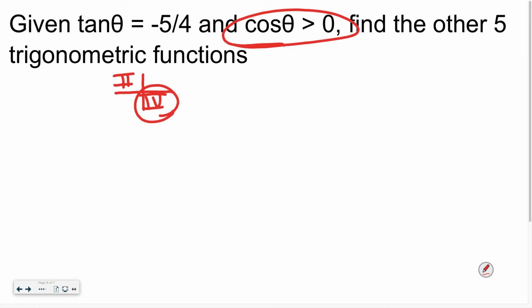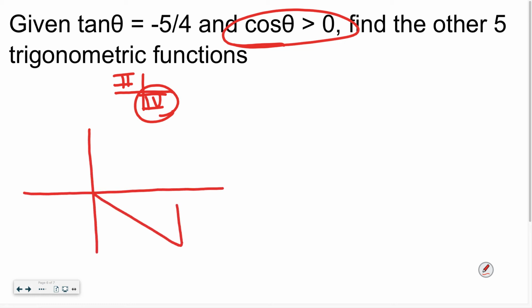So when we go to draw our reference triangle, yes, it has a tangent ratio of 5/4, but in this case, it's the 5 that's negative because we're in the fourth quadrant.